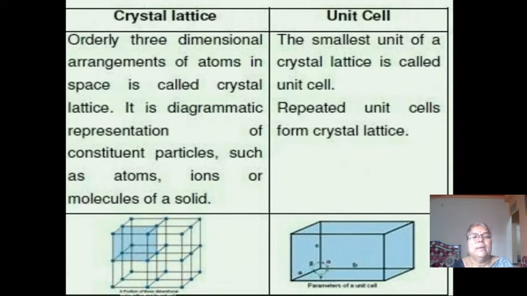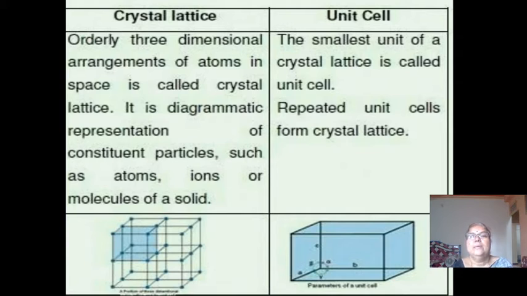It is a diagrammatic representation of constituent particles such as atoms, ions or molecules of the solid. Crystal lattice is the diagrammatic representation of constituent particles, and that may be either atoms, ions or molecules.